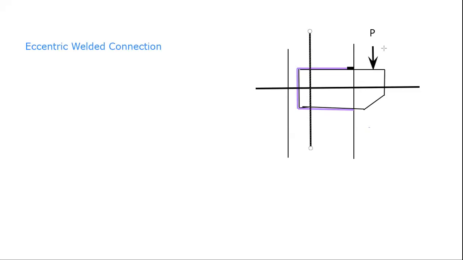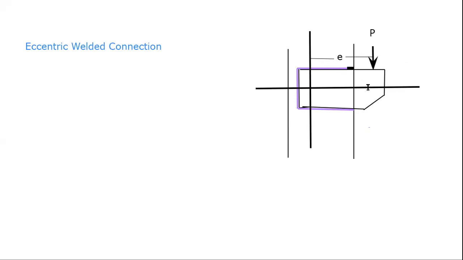It means that the load is acting at a certain distance from the CG, and we can assume that distance as E. So this distance over here is E. Let me write it down. So this load P is acting at a distance E from the location of CG of this welded connection.